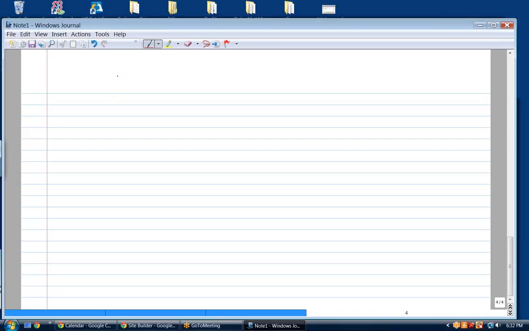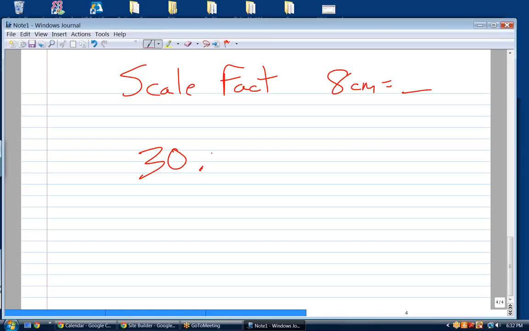The scale factor for a model is 8 centimeters equals blank meters. The model is 8 centimeters equals what? Oh, equals blank? Yeah. Okay. And then the model is 30.5 centimeters, and the actual thing is 70.6.